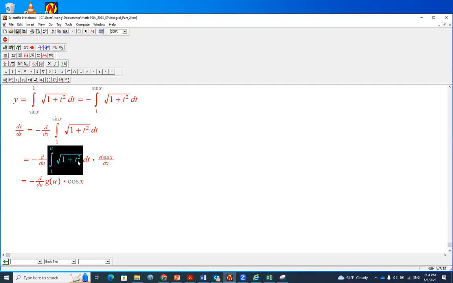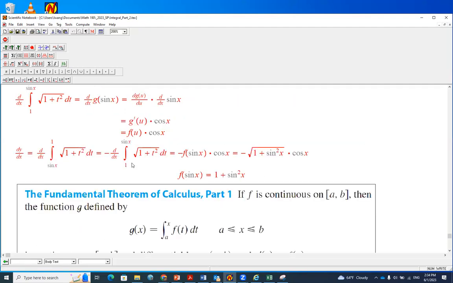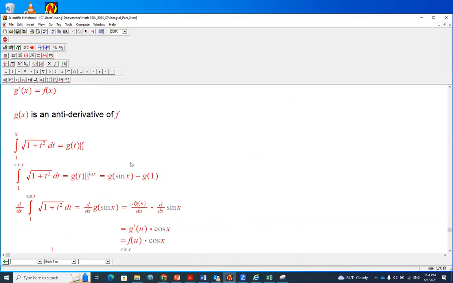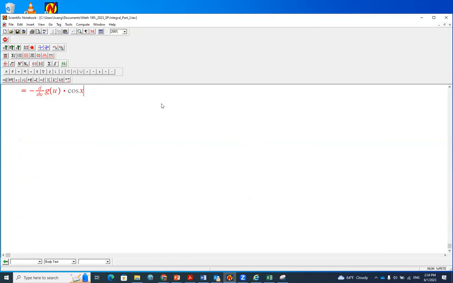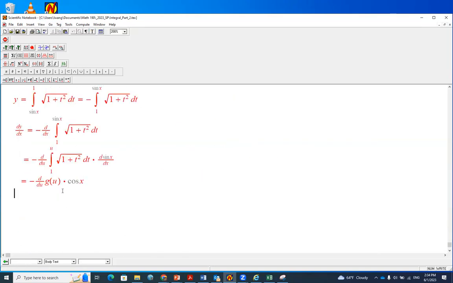This is a g of u. G of x, let me show you. I know it's a little bit difficult to read. G of x. G is this piece. So when this is u, this is a u.